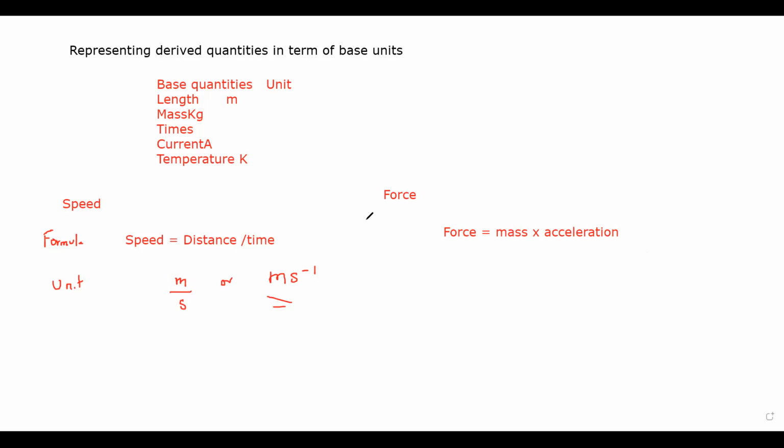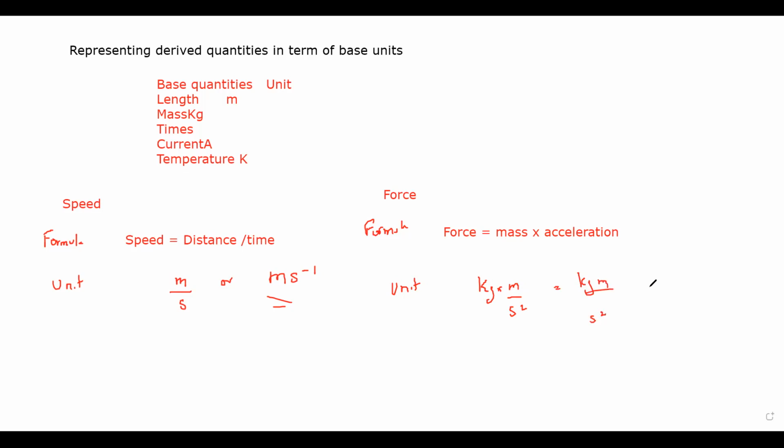So that's a formula. Then when we represent in terms of unit, unit of mass is kilogram, unit of acceleration is meter per second square. So when we simplify, it will be kilogram meter per second square.